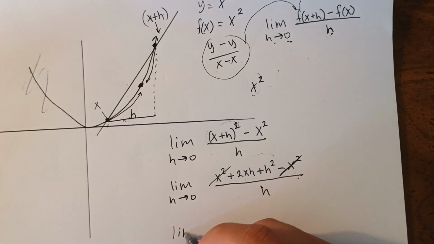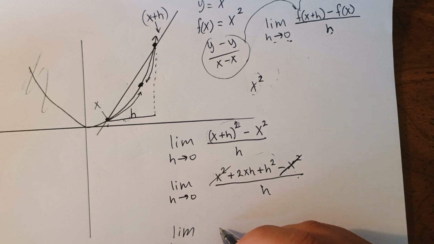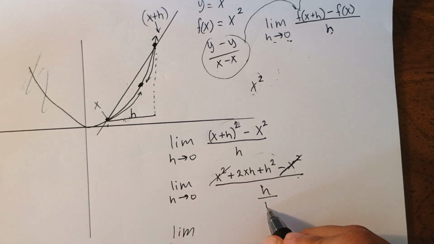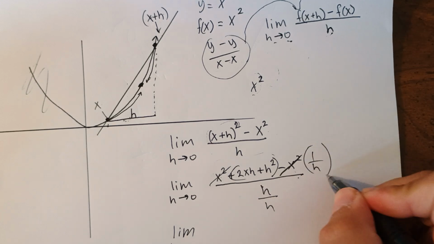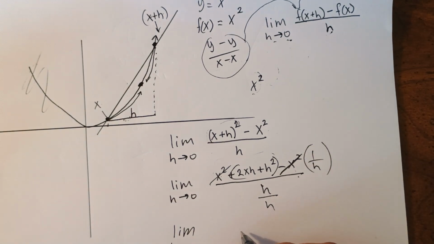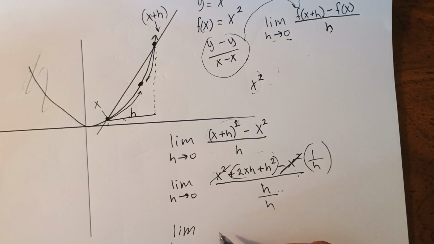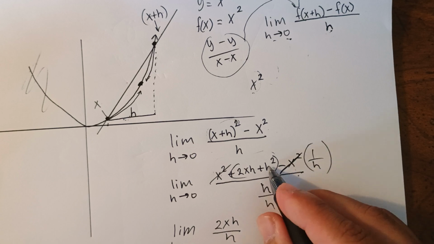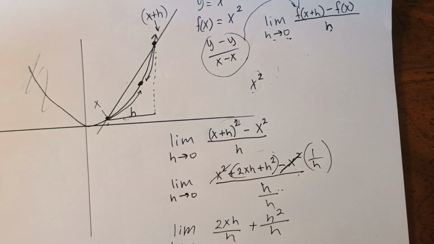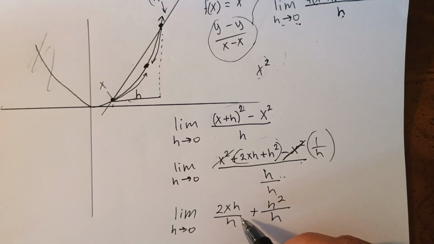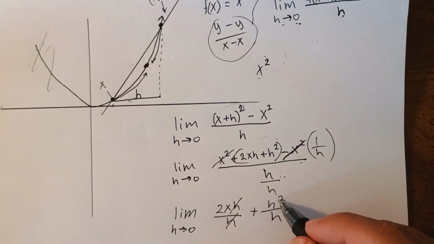And then, actually second to last time, we're going to rewrite it down here, and we're going to divide everything by h. Whatever remains, we're going to divide that by h. And we're going to be left with, this just becomes 1, by the way. You should know that. 2x h divided by h plus h squared divided by h. And hopefully you know that these two cancel out.